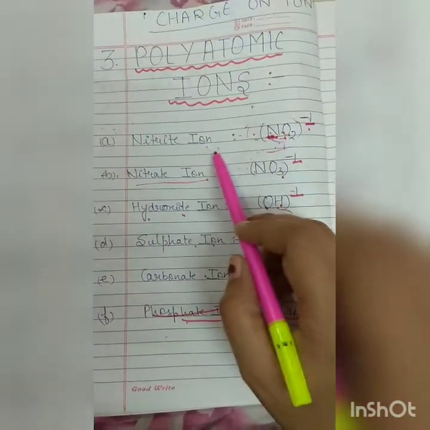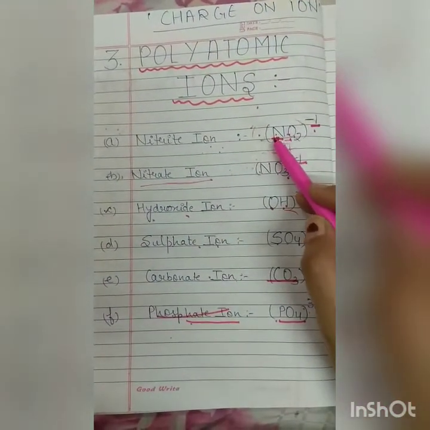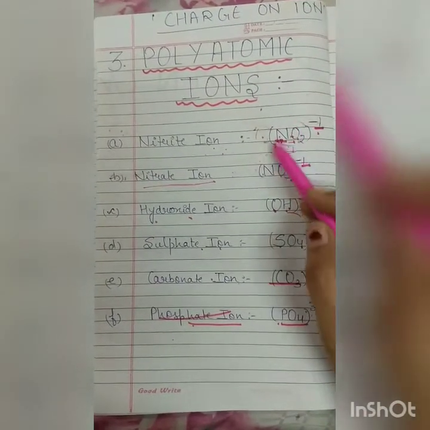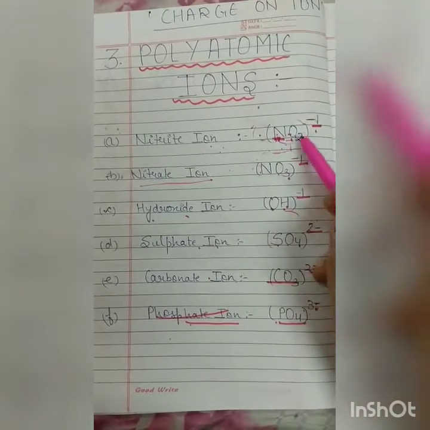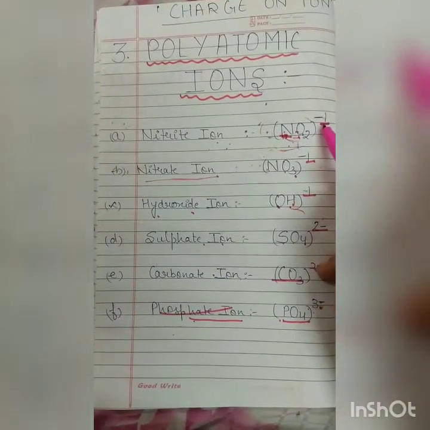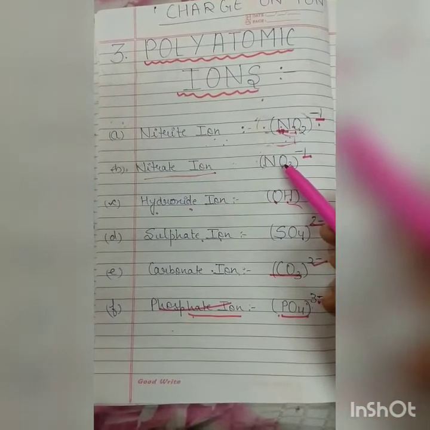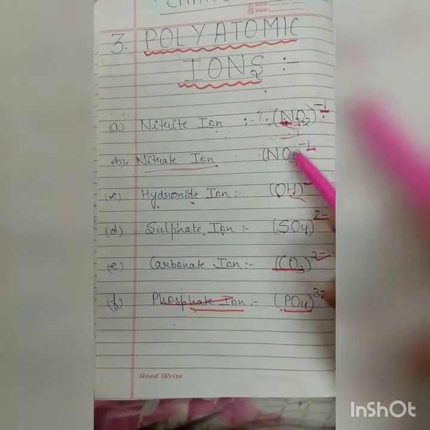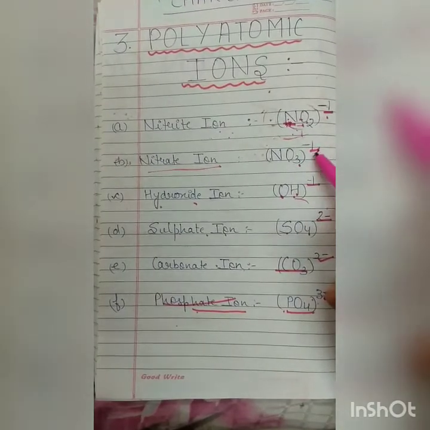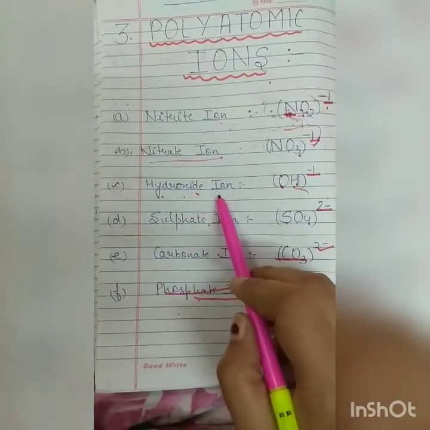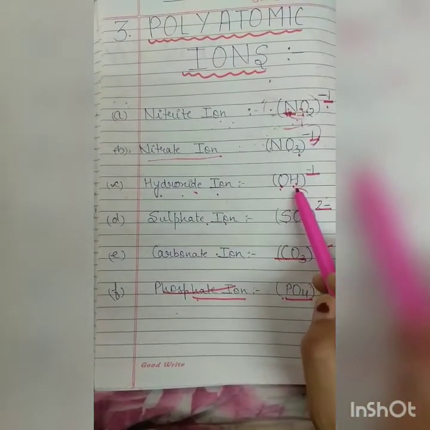Suppose nitrite ion, here 2 atoms are involved, nitrogen and oxygen. But instead of taking their valency separately, we are taking their combined valency as minus 1. Again, nitrate, again 2 different atoms are involved, nitrogen and oxygen. Here again we are taking their combined valency, that is minus 1. The same way hydroxide, which is made up of 2 atoms, oxygen and hydrogen.